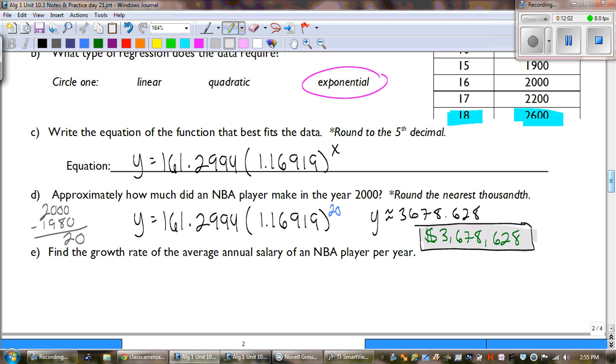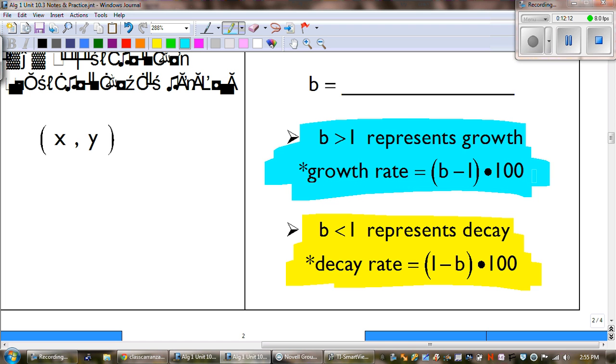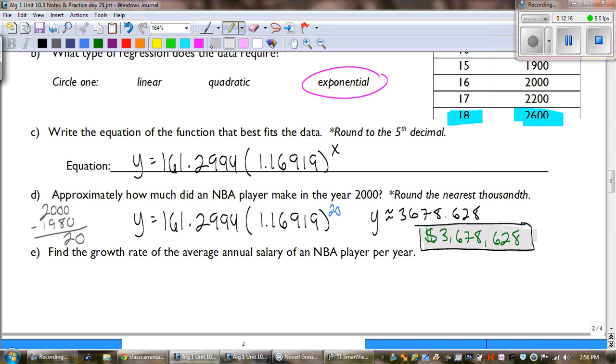Okay, and E, find the growth rate of the average annual salary of an NBA player. So I'm coming back over to our notes, and this is telling me how to find growth rate, B minus 1. Okay, so you're taking 1.16919, subtracting 1, and then timesing it by 100.